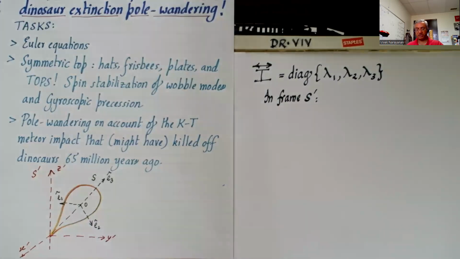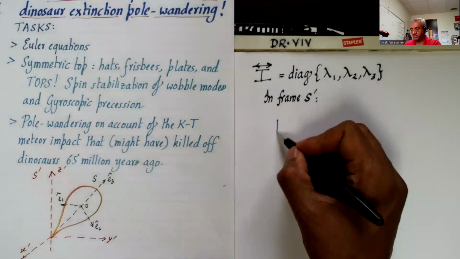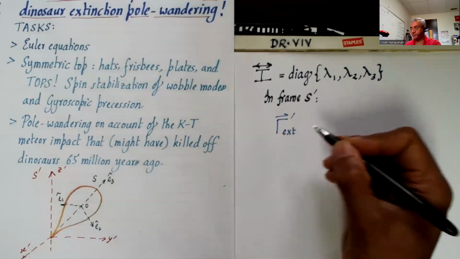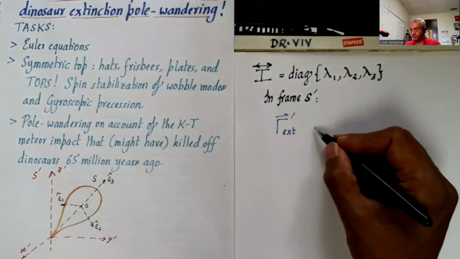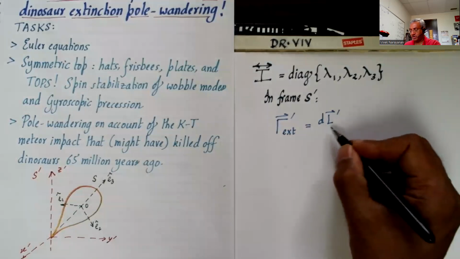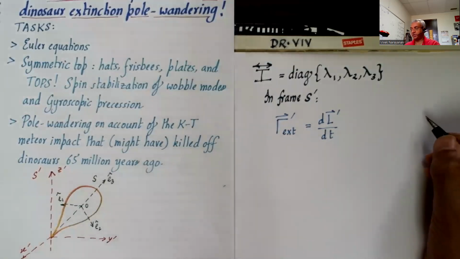I'm going to write Newton's second law, and Newton's second law is written like this: the sum of all the external torques, which I'll just write as gamma prime external. Gamma is the symbol for torques, is the rate of change of angular momentum dL prime by dt.